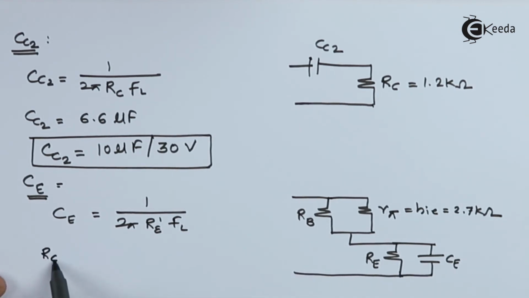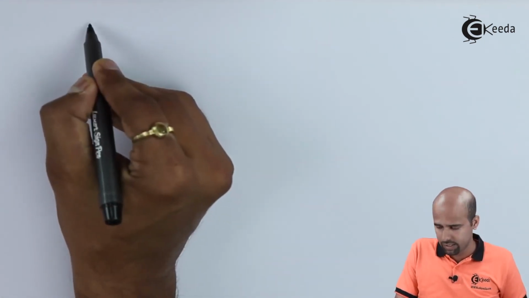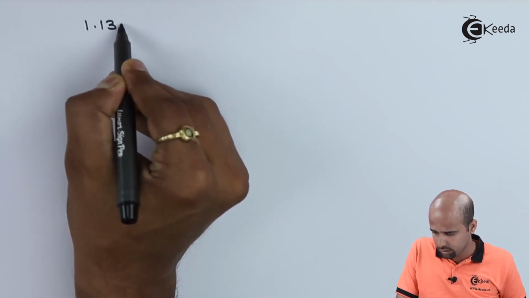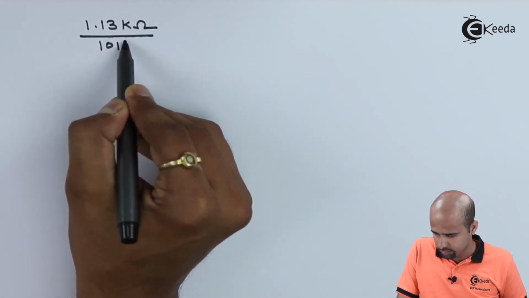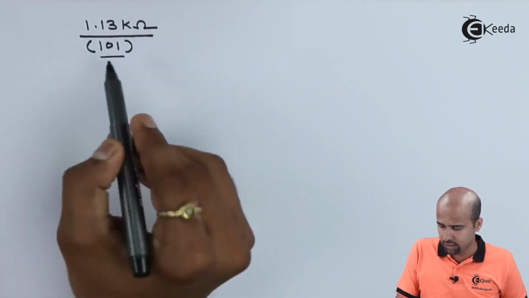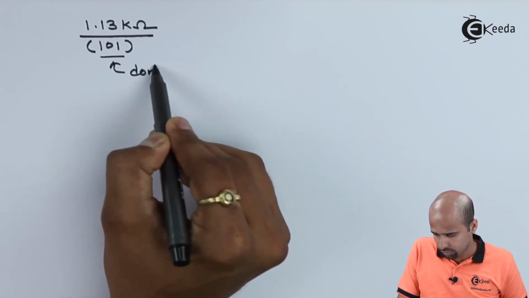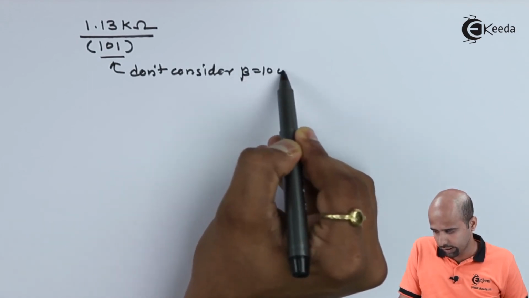First of all, calculate the value of RE dash. The value of RE dash is RB parallel R pi divided by beta plus 1, in parallel with capital RE. RB parallel R pi is coming out to be 1.13 kilo ohm, divided by 101. No, in this case we don't have to consider beta equal to 100.